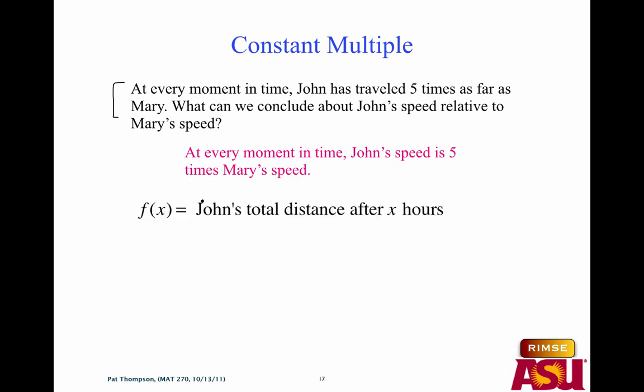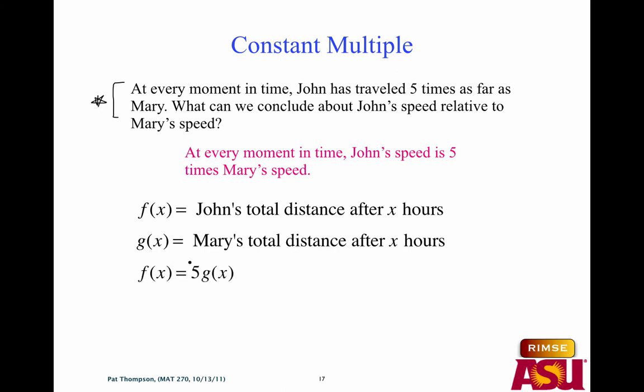If f of x is John's total distance after x hours, and Mary's total distance after x hours is given by the function g of x, then this first statement can be modeled by saying f of x equals 5g of x. This is the mathematical statement corresponding to the first sentence in the problem.